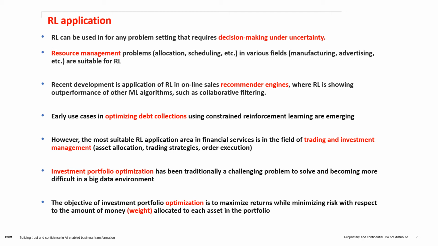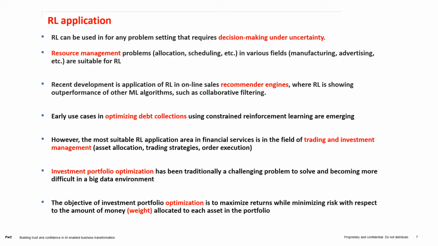But we also see some use cases starting to emerge of using RL in debt collections, where some fintech crowd in Germany has done some very good work in using constrained reinforcement learning algorithms to optimize debt collections, and really showing that these algorithms can outperform debt collection scorecards and other traditional techniques by a large margin.